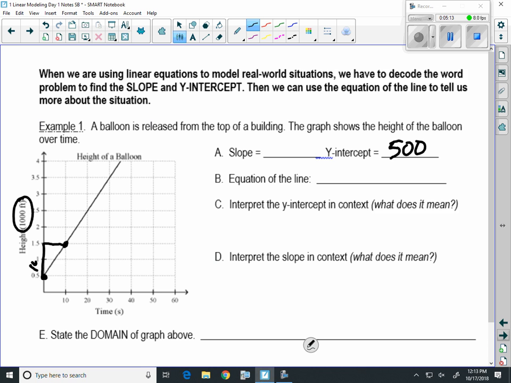So this is 1,000 over, what's my unit here? 10. So our slope is 1,000 over 10, which is 100. Not all graphs will be this hard to figure out, but sometimes you'll have to look at the units. So our equation is y equals 100x plus 500.